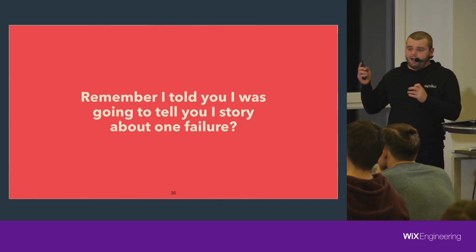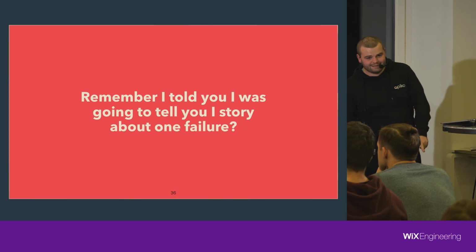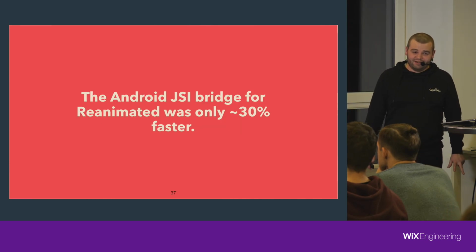So, as you remember, JSI was like 3 times faster for Reanimated on iOS, and it was only 30% faster on Android.